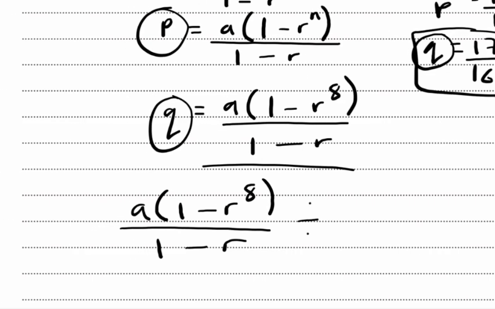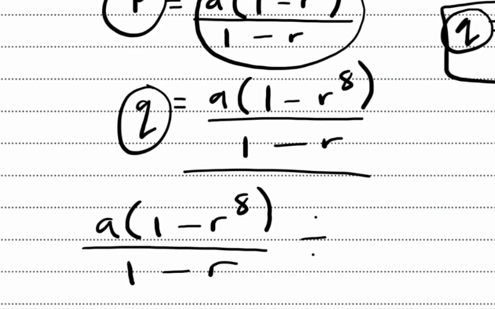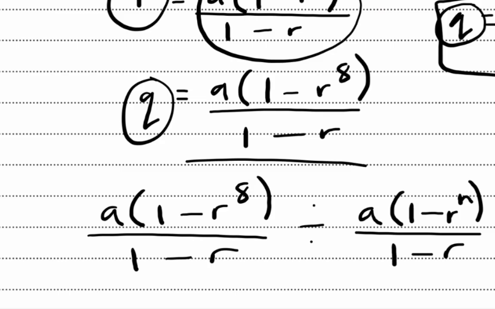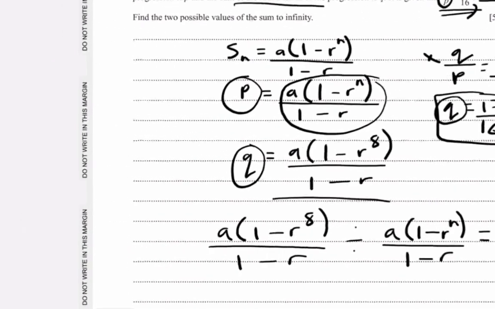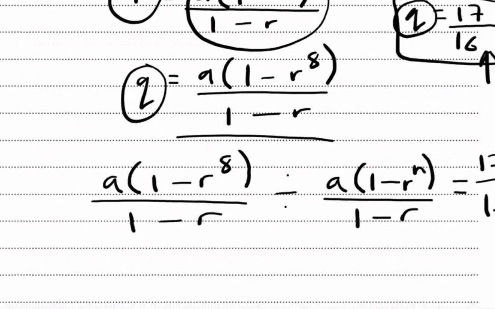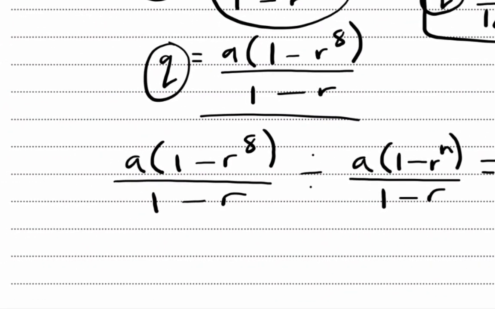And if we divide this by this, which is our P, we should get 17 over 16. Now I think that's better. Yeah, this is a better method than what I had started with.